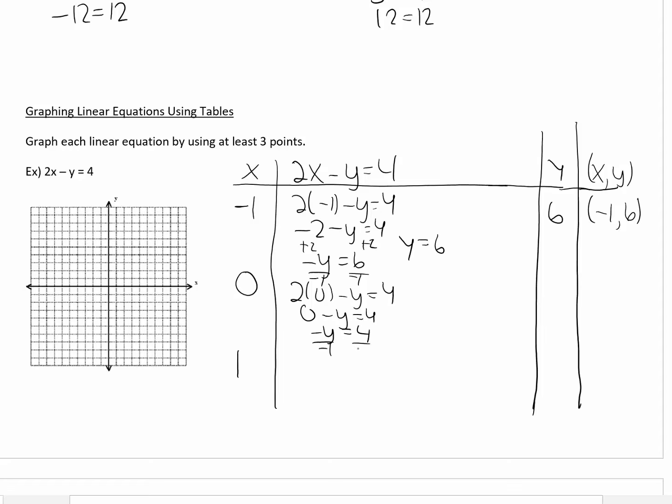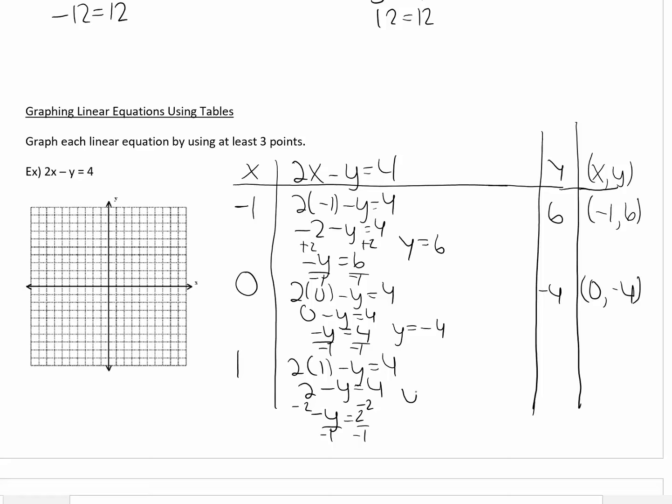Divide by negative 1. So my ordered pair is 0, negative 4. Now, plug in 1 for x. So my ordered pair here is 1, negative 2.